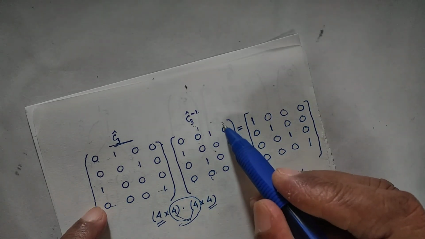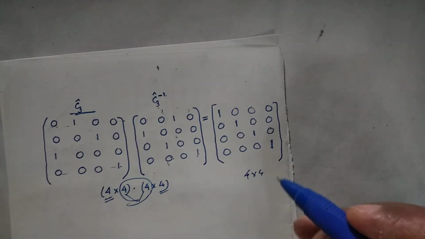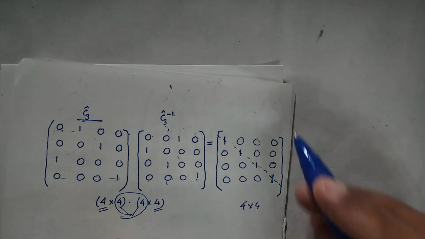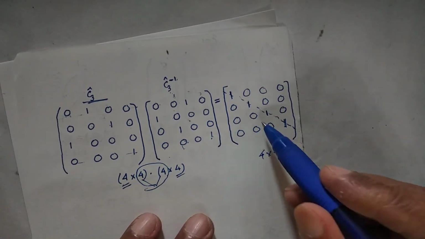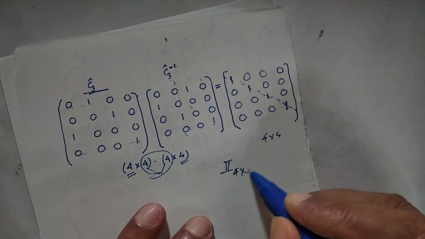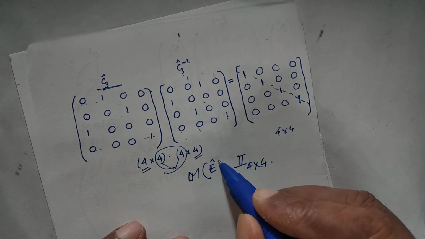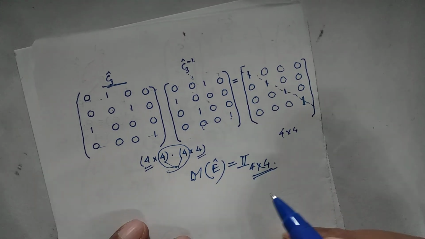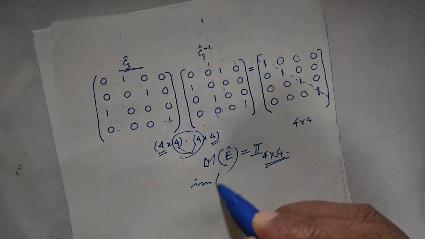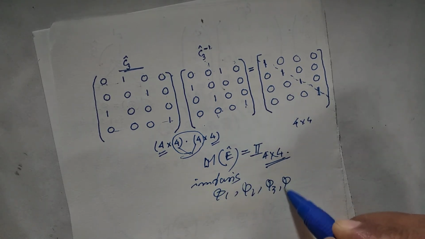Fourth row multiplied by the fourth column will give 1 here. Thus we see that this is a diagonal matrix having 1 at all the diagonal positions and 0 at all the other positions. This is the identity matrix or unit matrix of size 4 by 4. So the matrix for the identity operator is this unit matrix of size 4 by 4 in basis phi 1, phi 2, phi 3, phi 4.